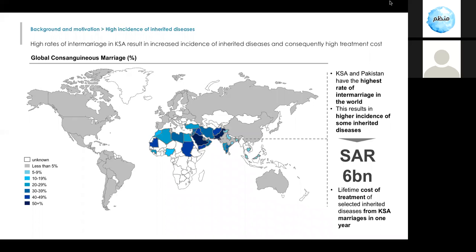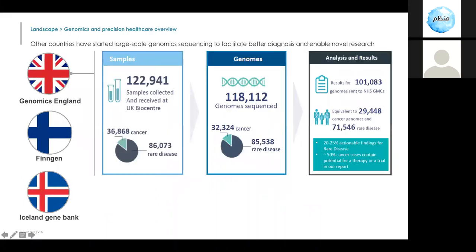The last slide, and I will conclude. Actually, two more slides. Because of that, countries like England, the UK, Finland, and Iceland started to seek this. More than 100,000 patients were sequenced, their whole genome is sequenced.